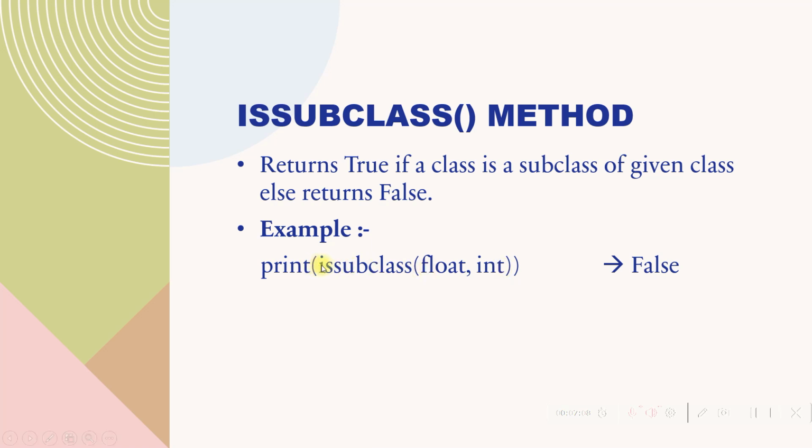I am trying to check whether the float class is a subclass of the integer class or not. It is not, and that is why the response is false. The second example is issubclass bool comma integer. Here I am checking whether boolean is a subclass of the integer class or not. It is, so the response is true.